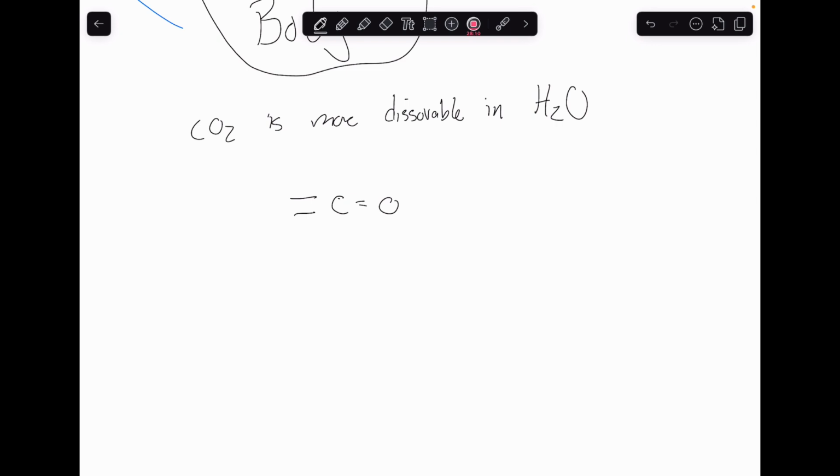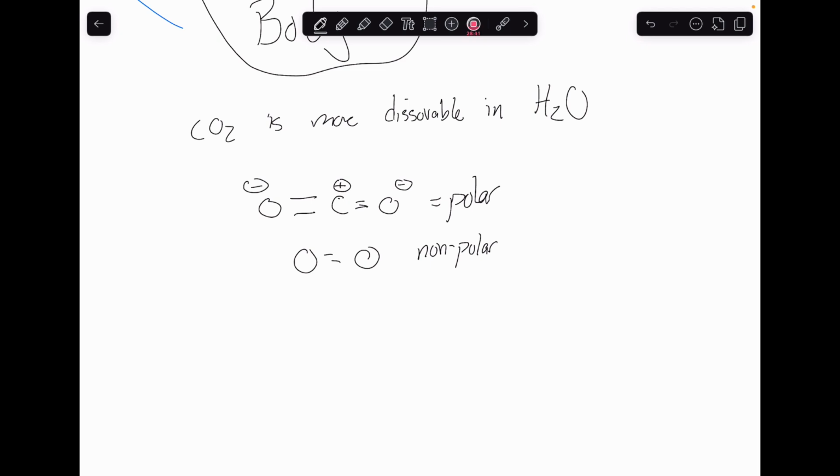The oxygens both have a little bit of a negative charge, and the carbon becomes partially positive. CO2 is slightly polar compared to O2, which is completely non-polar. Non-polar things don't usually like to mix with polar things in solution. So we see that CO2 is more soluble in water than O2 is.